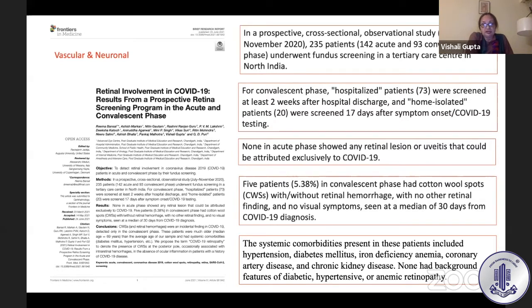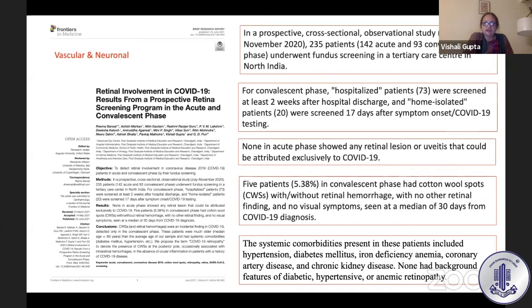Interestingly, we did not find any retinal lesions or inflammations which could be attributed to COVID-19 during the acute phase. No retinitis, no necrosis, no inflammation. Five patients, 5% of the total, had cotton wool spots during the convalescent phase, which may or may not be associated with retinal hemorrhages.